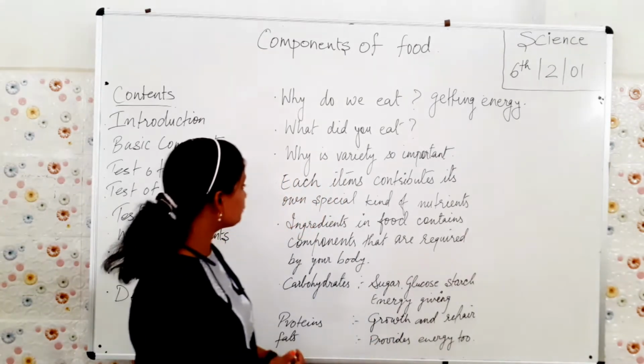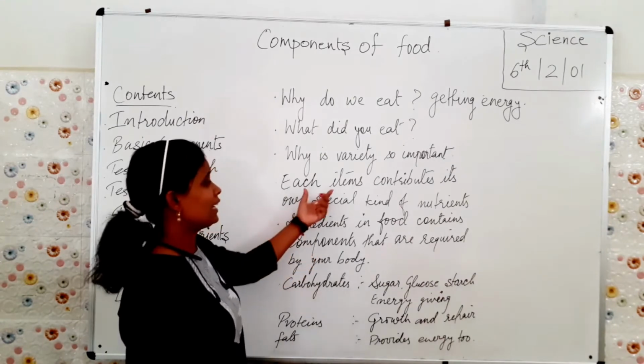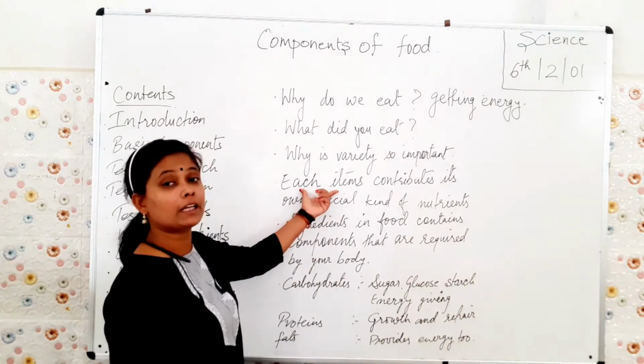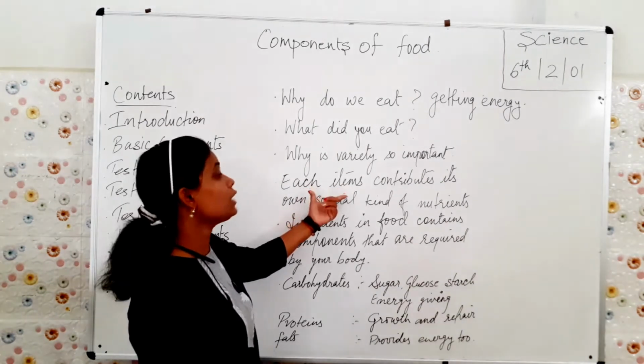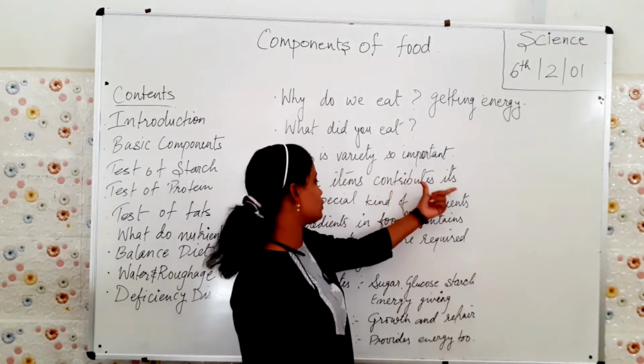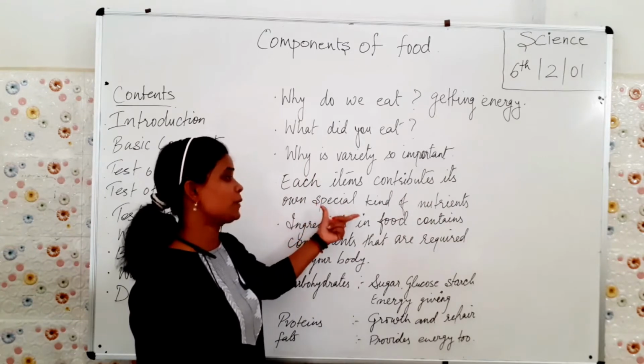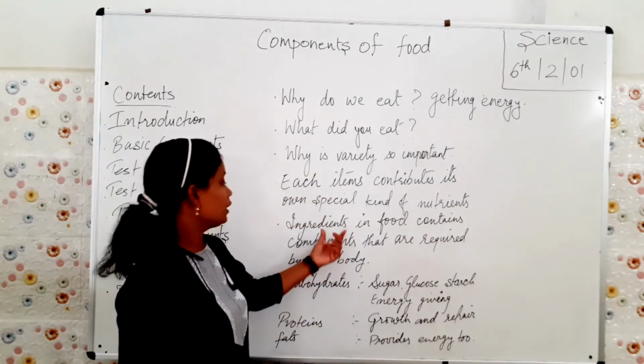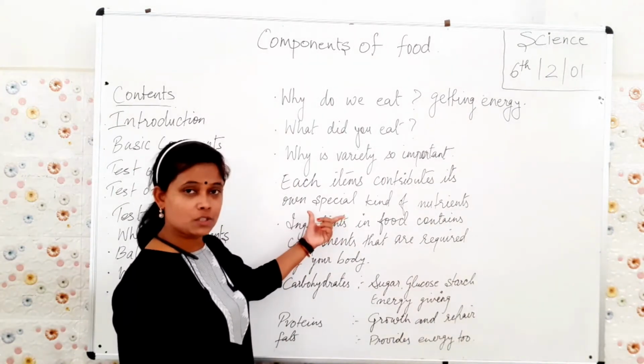Let's see next. Now, each item, meaning the variety which you have taken in your plate, okay? Each item contributes its own special kind of nutrient. Just now I discussed with you. Now I think this much is clear to you.